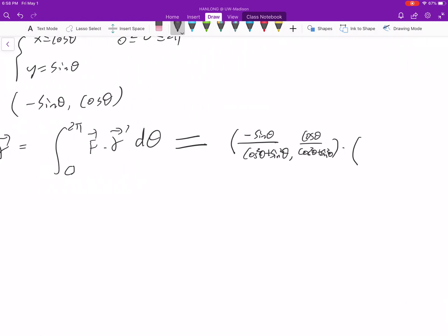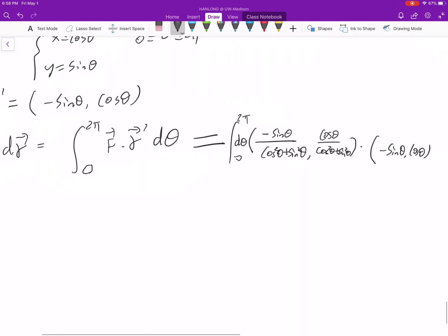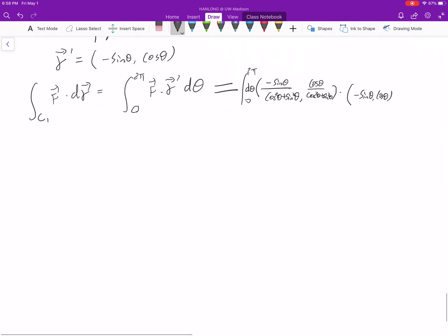Okay, and dot product with (negative sine, cosine), integrating with respect to theta. Okay, then what do you have? Do the calculation, you find you are integrating 1. So it's 2 pi.